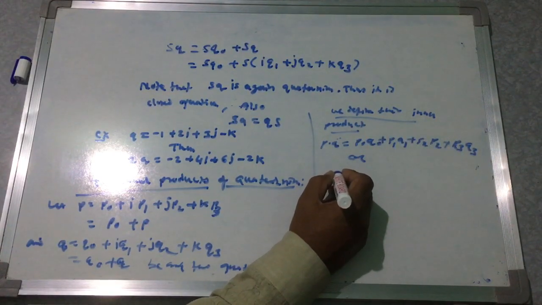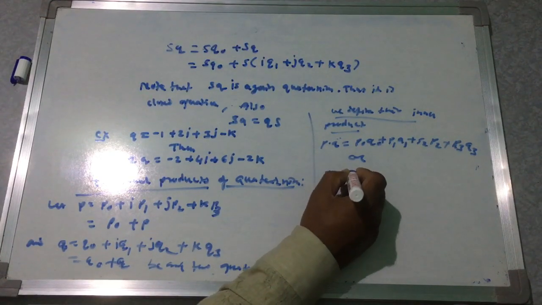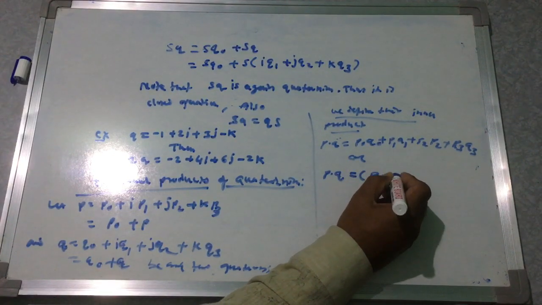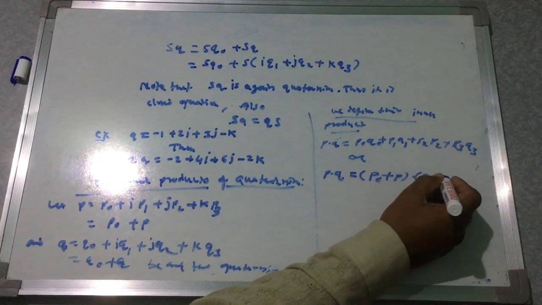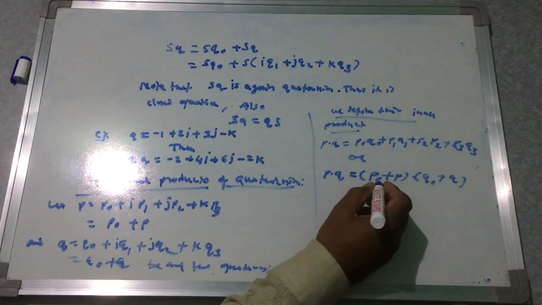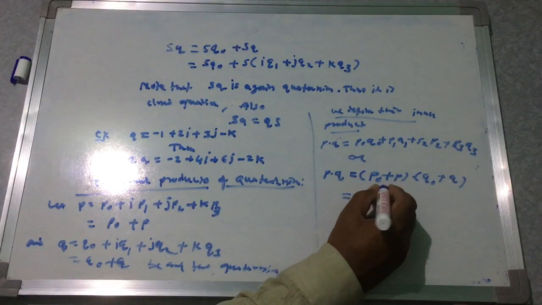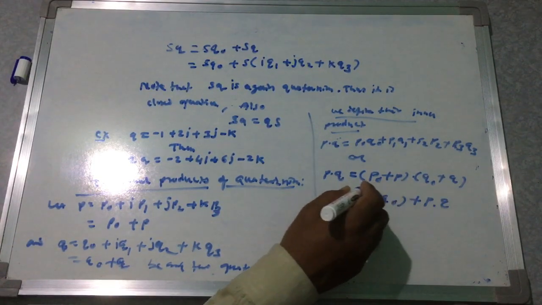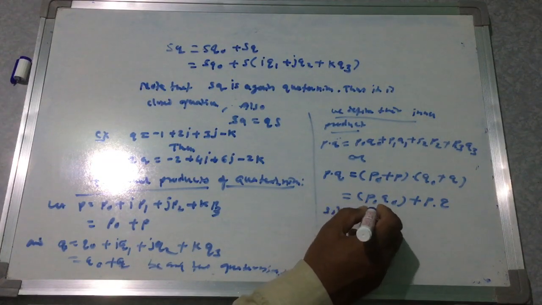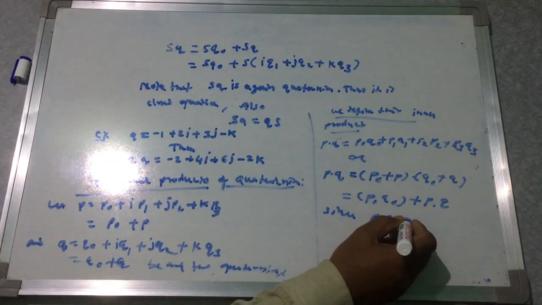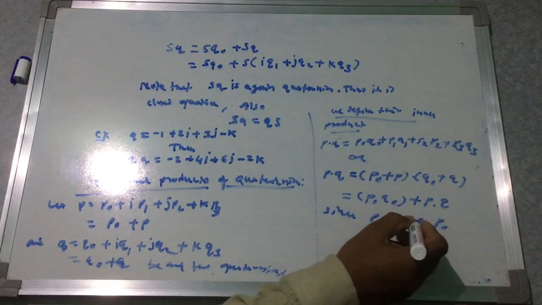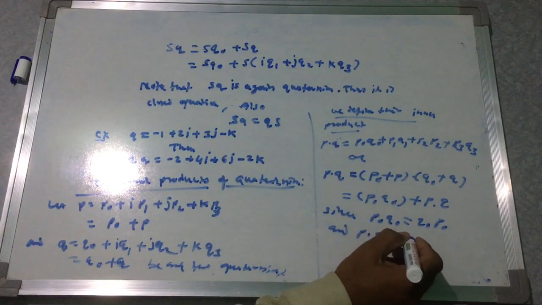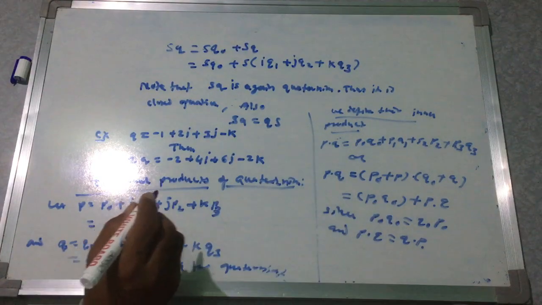Or here we have PQ is equal to P0 plus P into Q0 plus Q, that is equal to P0 Q0 plus P into Q. Since P0 Q0 is equal to Q0 into P0 and PQ is equal to QP, the inner product is commutative.